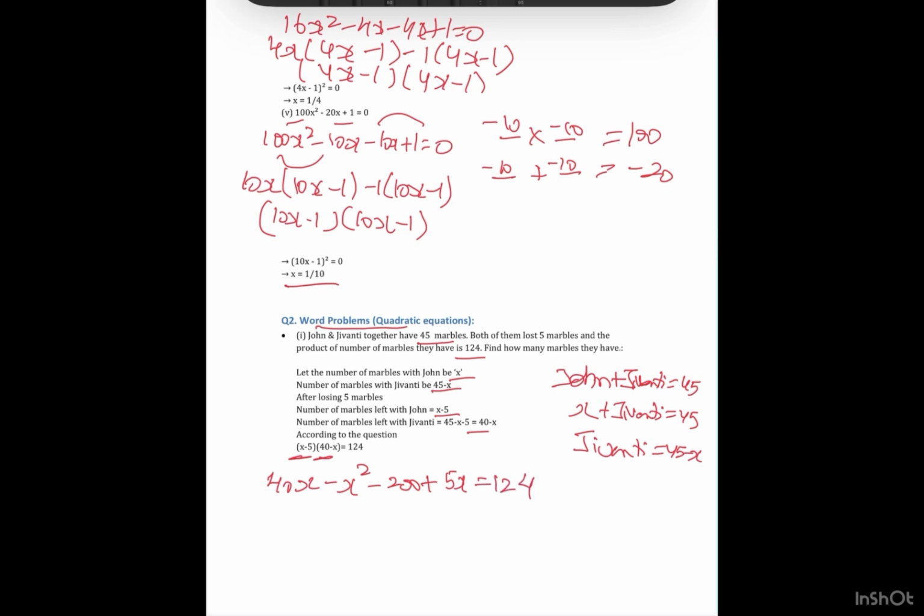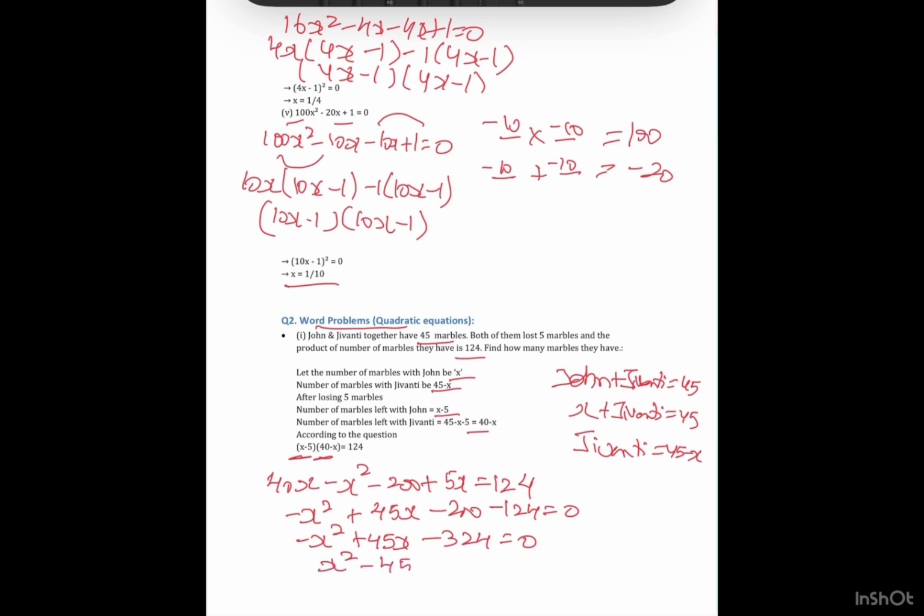So that is minus x square plus 45x minus 200 minus 124 is equal to 0. So I am having minus x square plus 45x minus 324 is equal to 0. We'll divide by the minus sign throughout the equation.